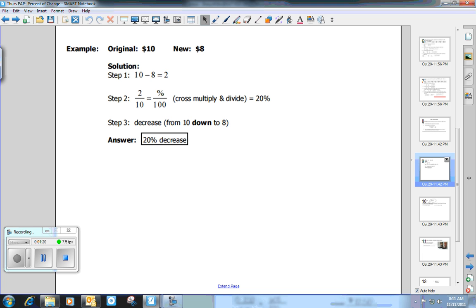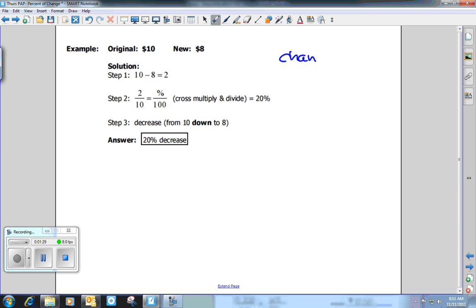In this example, our original is 10 and our new is 8. So let's remember that we're doing the change over original equals percent over 100. Okay, so this is kind of part and whole, just like we were talking with our percent proportions.